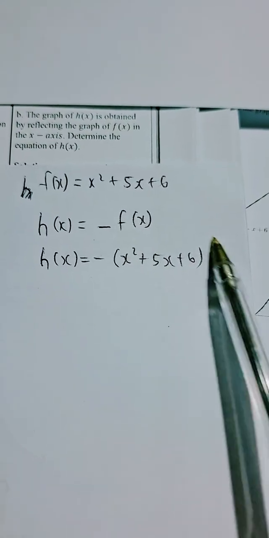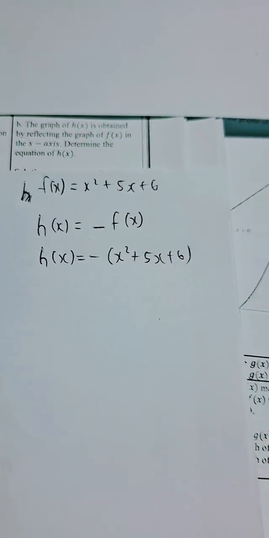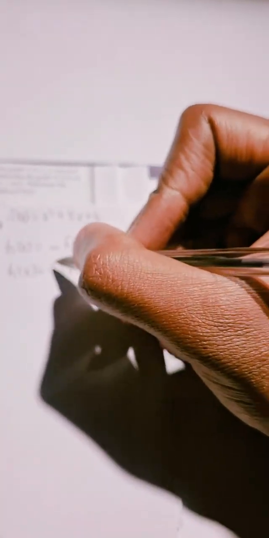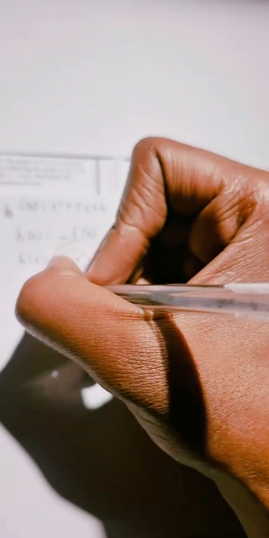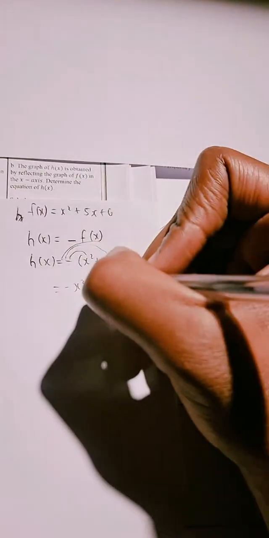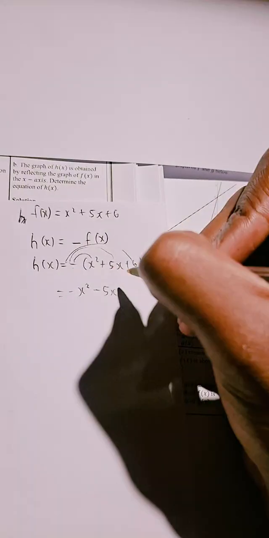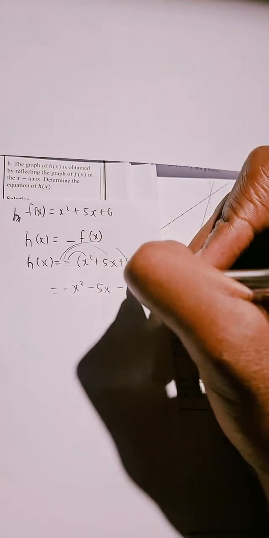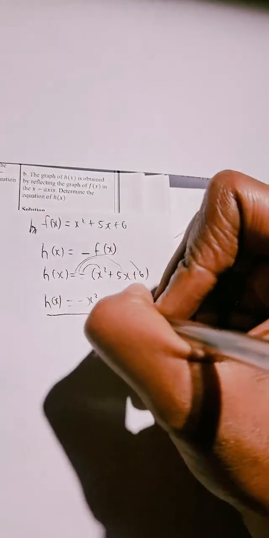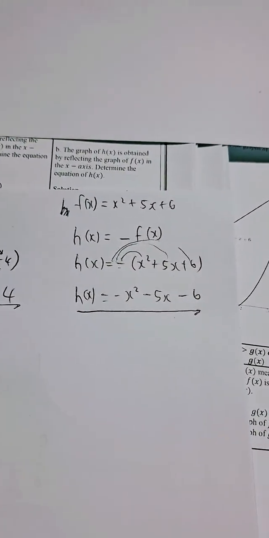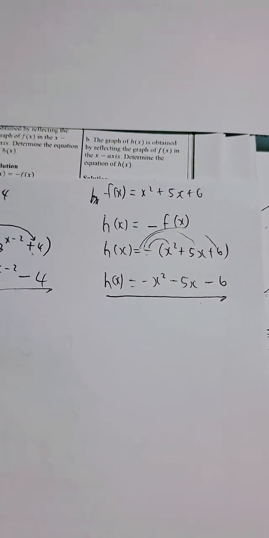How many terms? 3. We distribute the negative sign to all 3 terms. What's a negative times a positive? We get negative x squared. Negative times positive 5x, we get negative 5x. Negative times a positive, we get negative 6. So therefore our function h of x is negative x squared minus 5x minus 6.